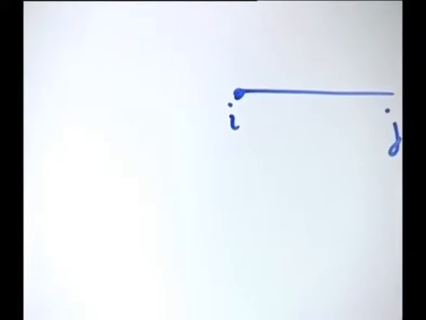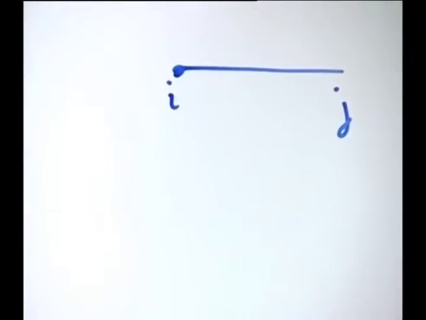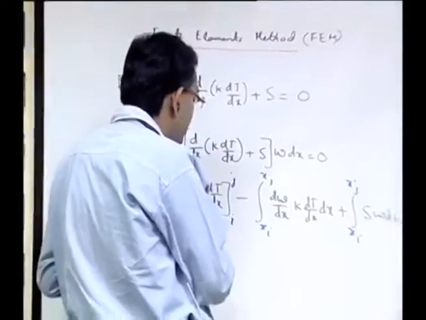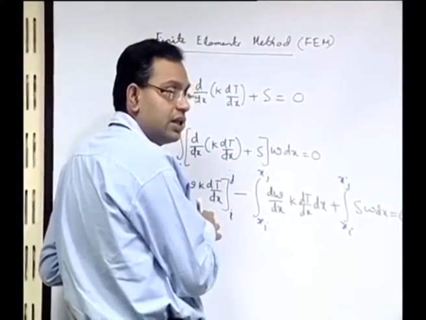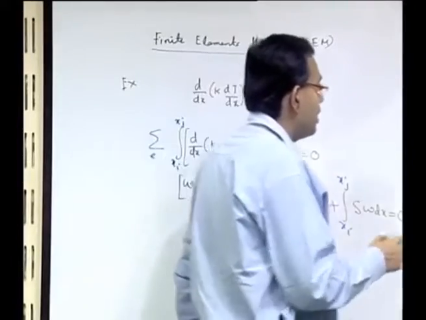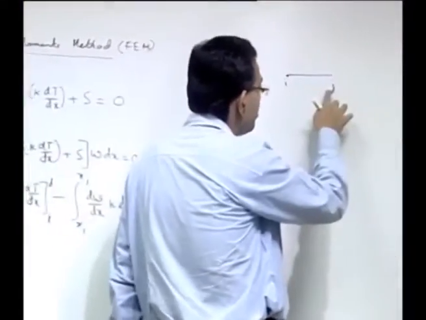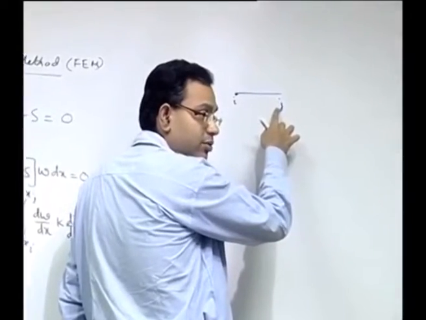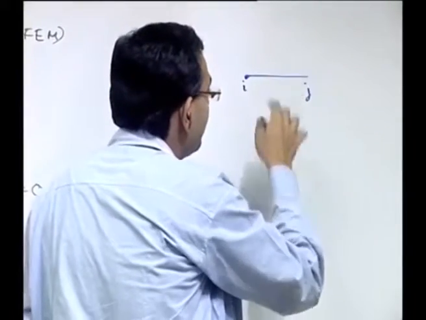Next, we try to write the corresponding trial and weight function in this particular expression. So, the trial function, so you have two node points where you can specify the variable.